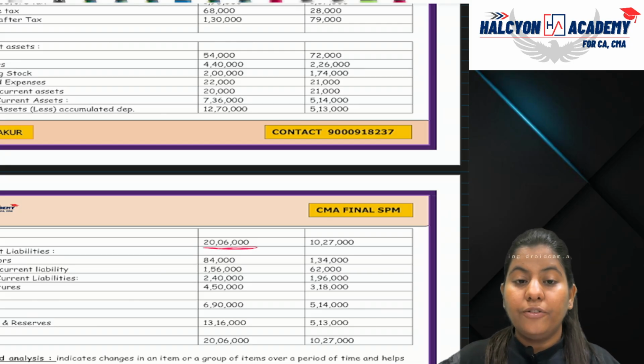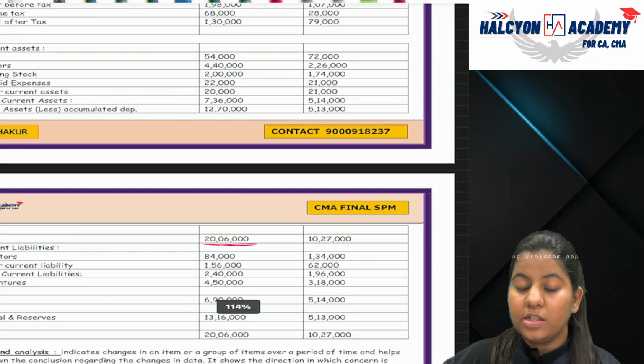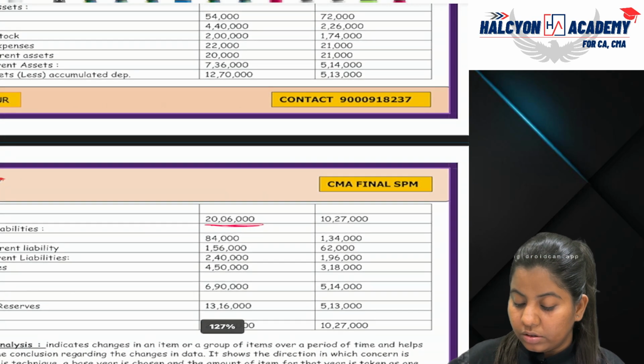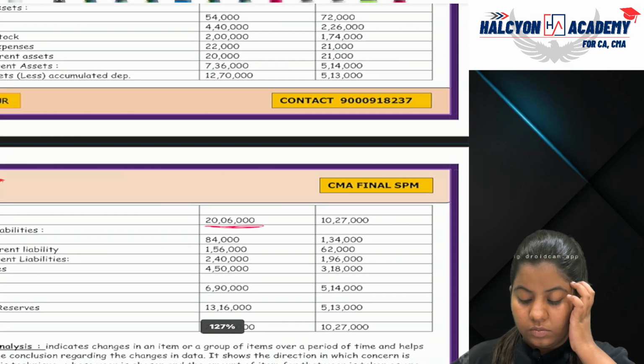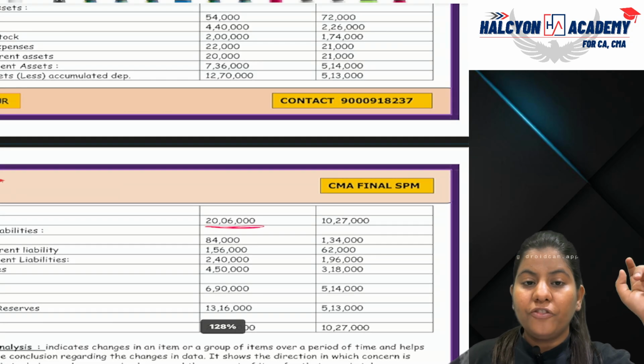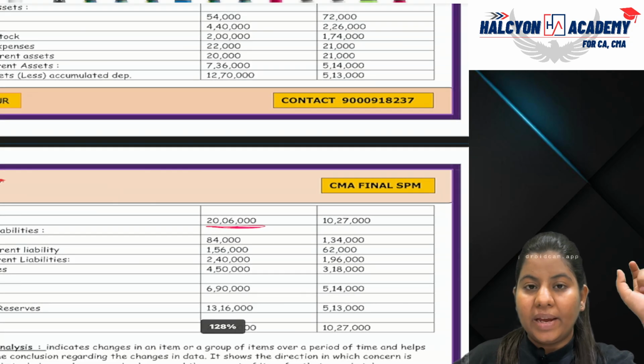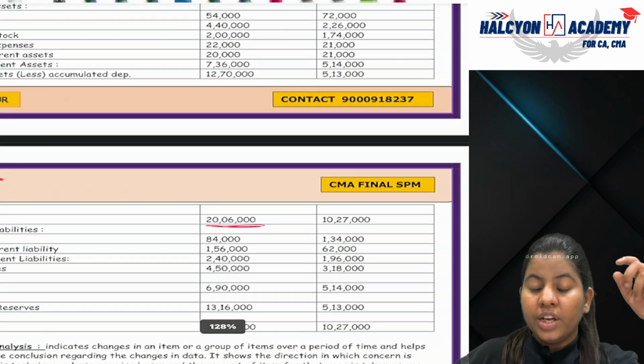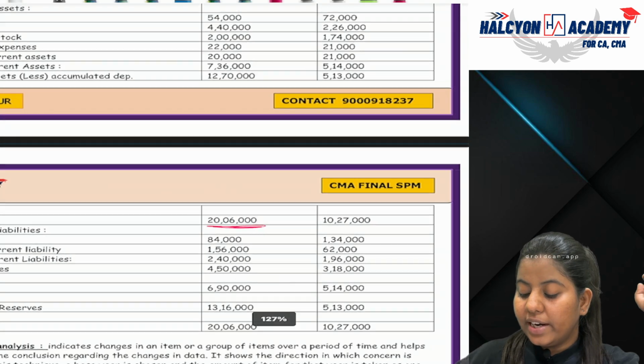You have to take 20,06,000 as base. So put the amount of each and every element divided by base, that is 20,06,000, into 100. Then you will get the percentage.